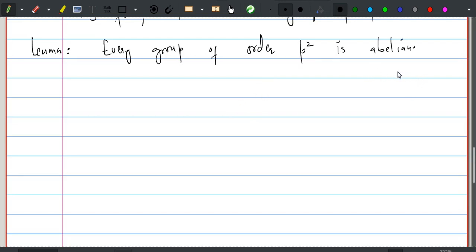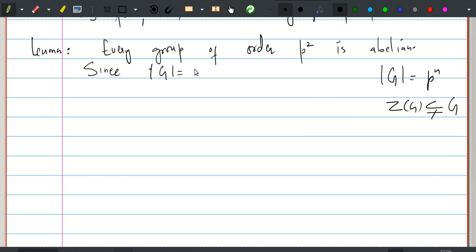So we know that if G is a group whose order is p to the power n, then Z(G), the center of G, is always a non-trivial subgroup of G. Since the order of G is p square, if G is equal to Z(G), then G is abelian.